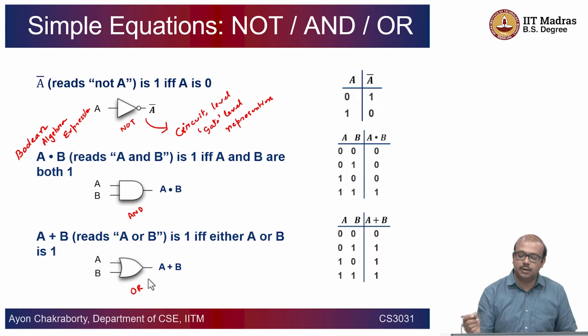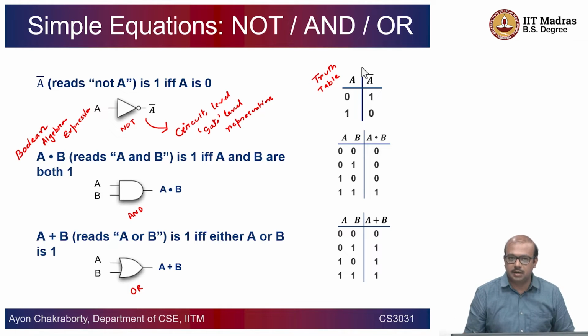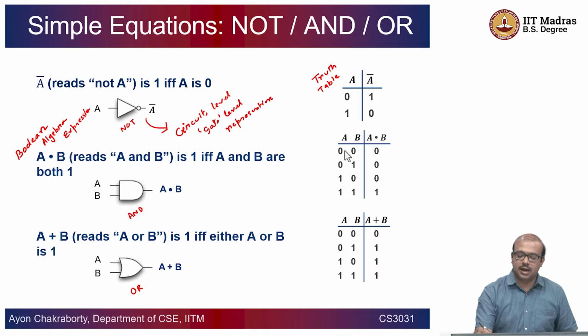And on the right hand side, what we show is the truth table or the functional specification of that particular equation, right? So if a and b are the two literals or the two variables here, they are binary, capable of taking only two states, 0 or 1.